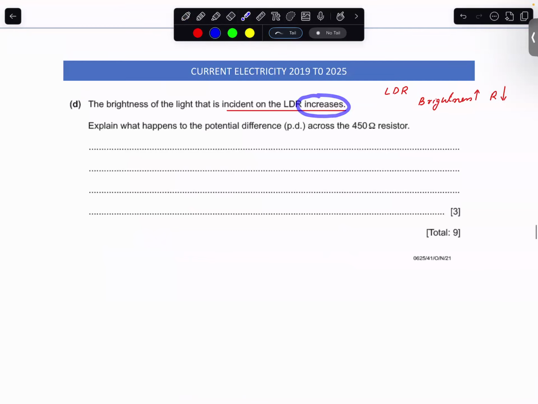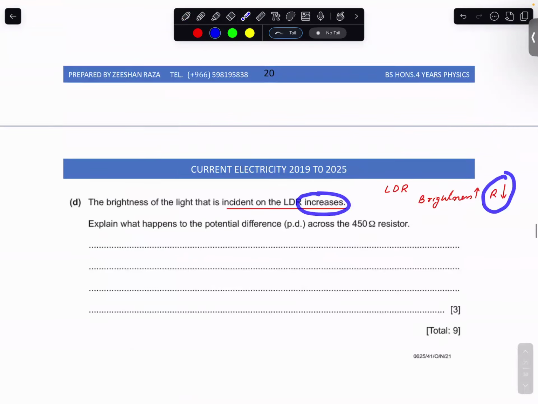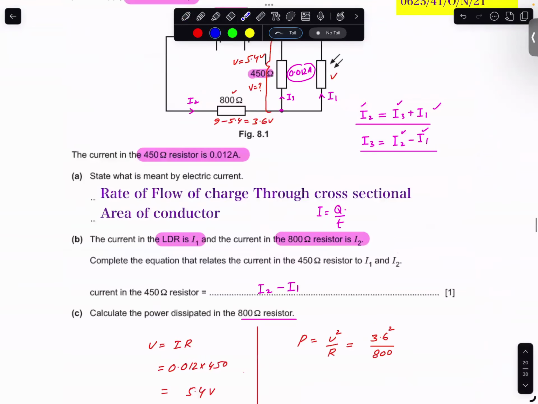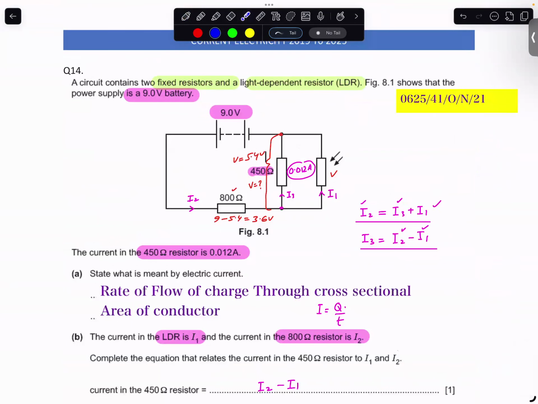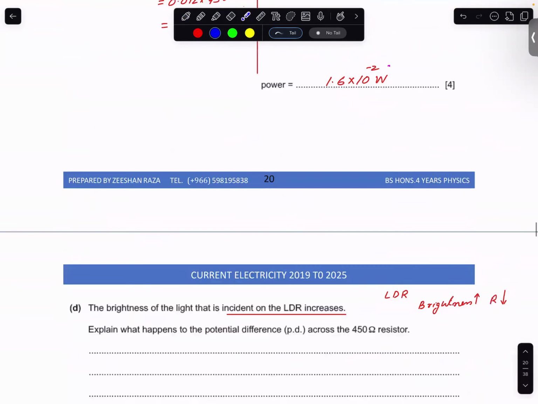Then the resistance across this region will decrease. When the light increases, R in this region decreases. These two resistors are connected in parallel with each other. So when the R of the LDR decreases, the overall resistance will drop, right? So when the overall resistance of this region drops, what is the question now?